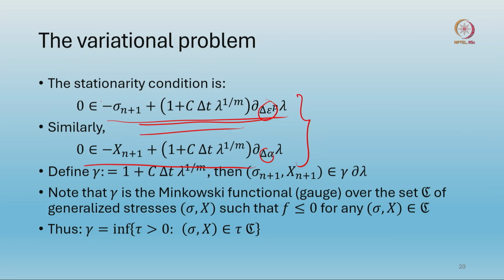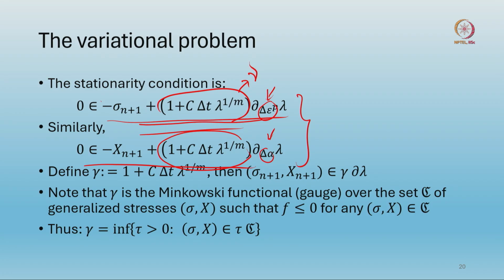Okay, right? You see this factor is common, this factor which multiplies here the subdifferential of lambda with respect to delta epsilon p, and here it multiplies the subdifferential of lambda with respect to delta alpha, but the factors of both of them are the same, that is 1 plus c times delta t times lambda to the power 1 by m. Recall that m is the rate sensitivity exponent, right? So now let us call this quantity gamma.